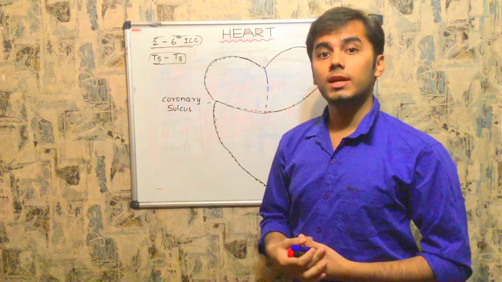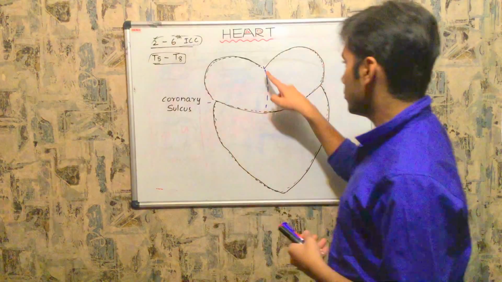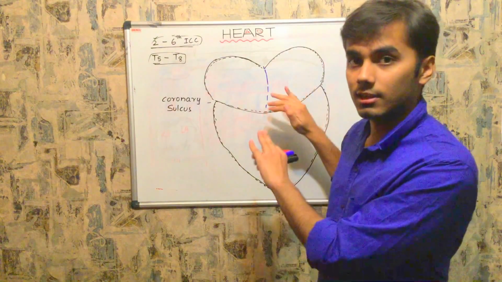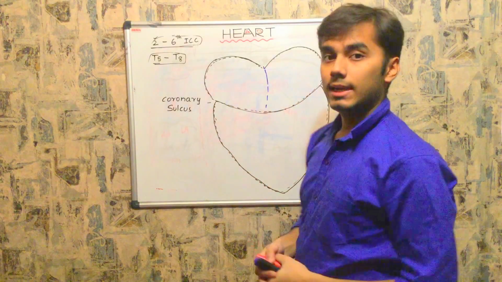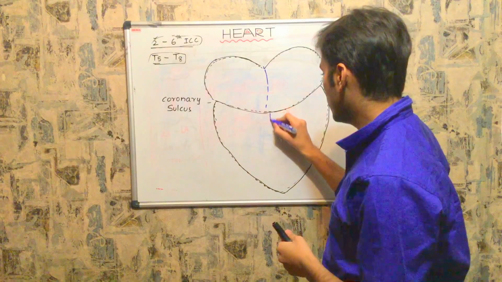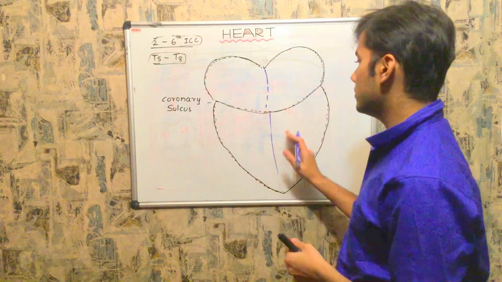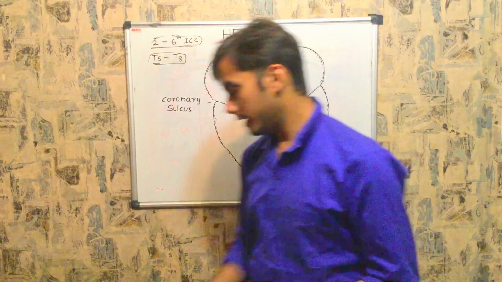That septum is called the interatrial septum. Don't confuse the septum with the groove, right? This is the groove which you find externally, separating the 2 atria. In the same way, you have one more groove that is separating the 2 ventricles. This is called your interventricular groove, right?